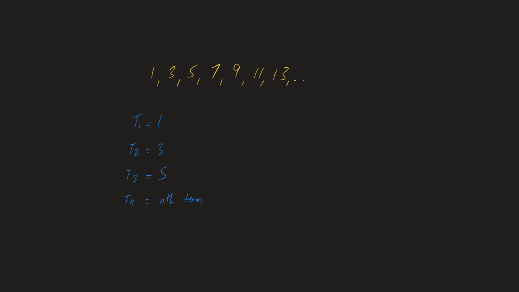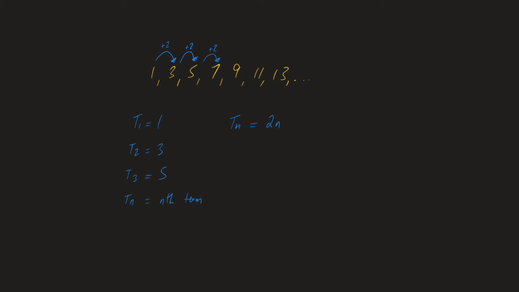So if I look at each one, we're adding 2 from the first term to the second. Again, we're adding 2. And term 4, we're adding 2. So my formula there, Tn, is going to be 2 multiplied by n. So let's say I'm at the first term. 2 multiplied by 1 is 2.